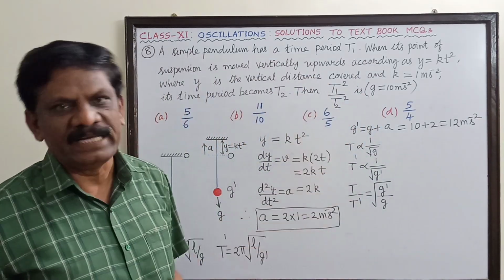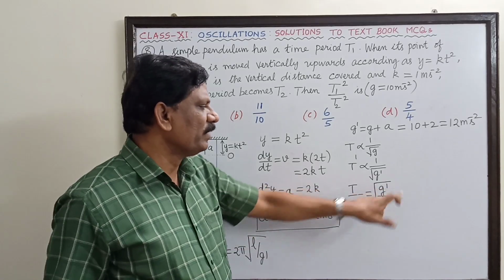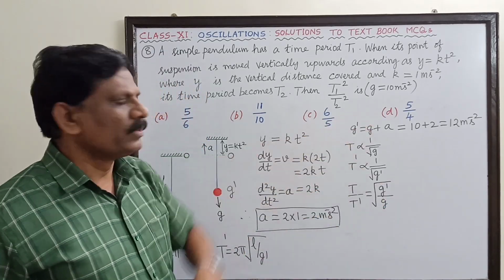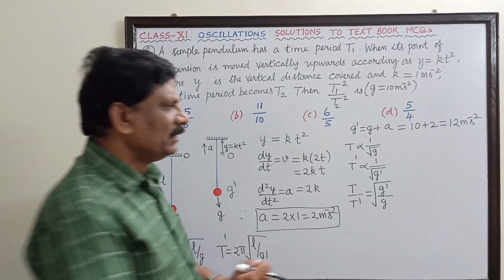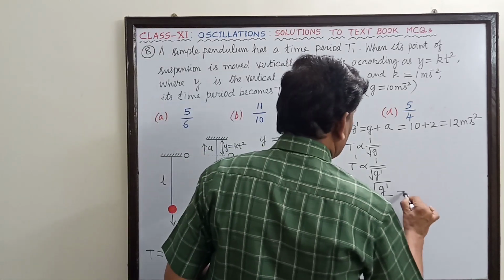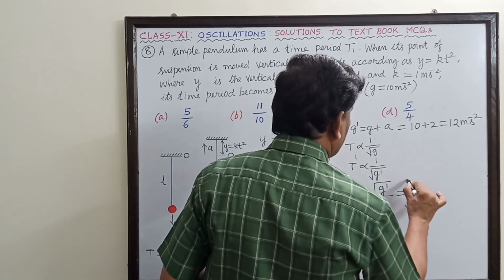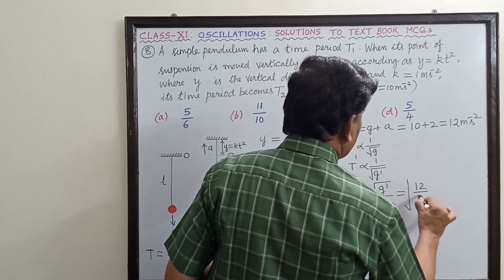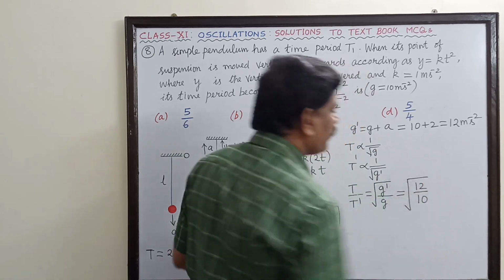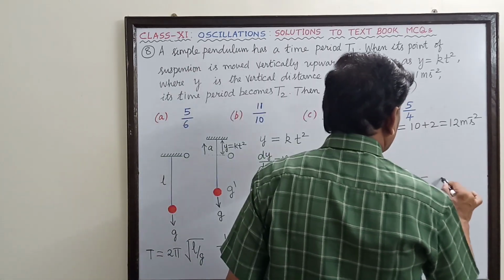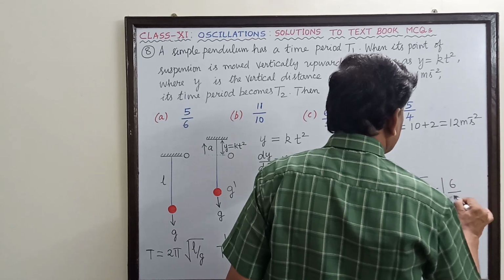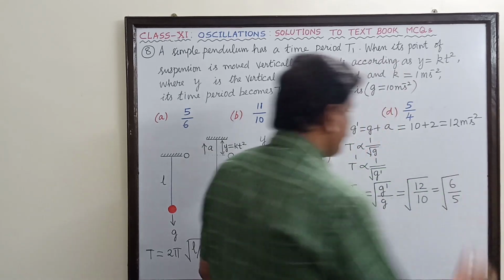So in place of g dash, I can substitute in the numerator 12 meter per second square, and in the denominator for g I can substitute 10. So this is now equal to square root of 12 divided by 10. 6 2s are 12, 5 2s are 10. So this is equal to square root of 6 divided by 5.